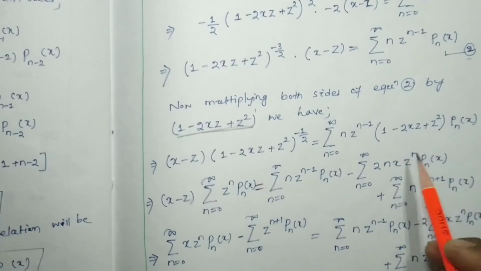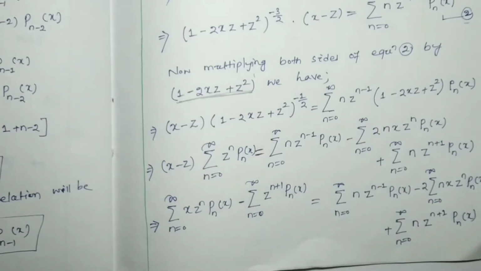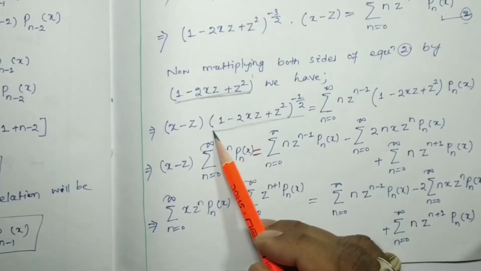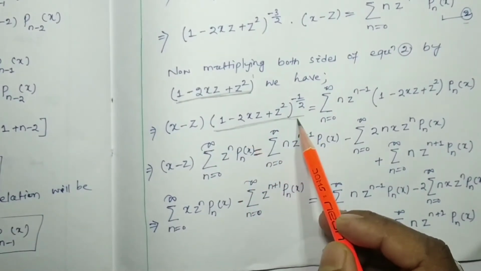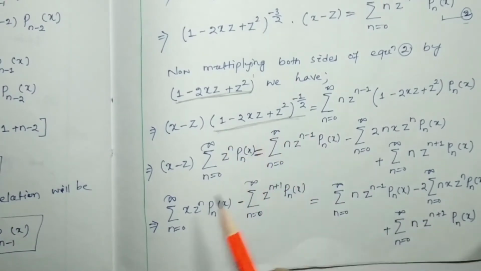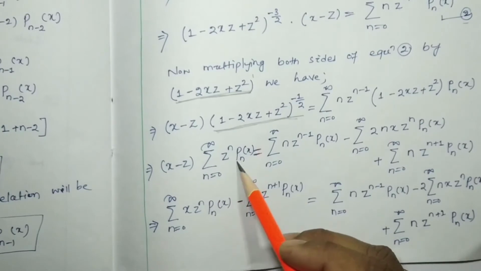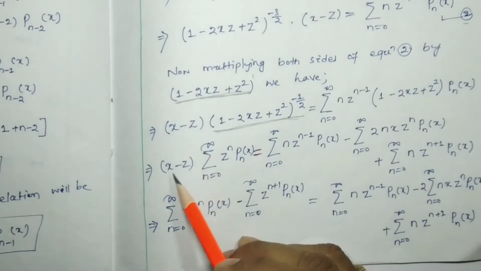Now this is the generating function of the Legendre polynomial, or this expression is nothing but the summation from n = 0 to infinity of z to the power n P_n(x), and x minus z is remaining there.